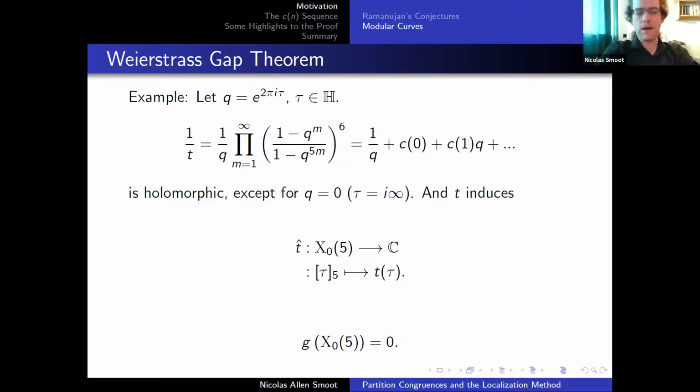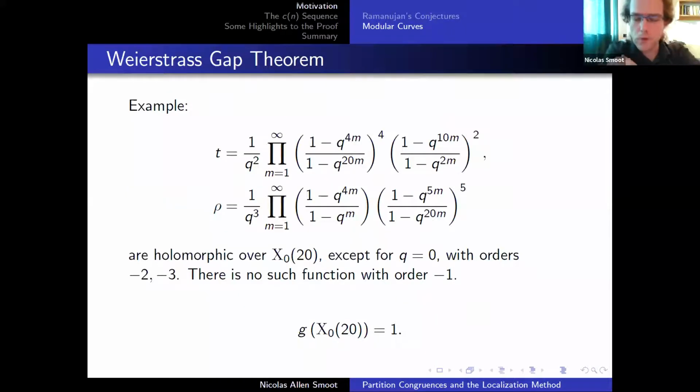And now if you think about it, 1 over t has order negative 1. If I want a function that's holomorphic over all of X0(5) except for the point at infinity that has order 2, well, I'll just square 1 over t. Or I could cube it to get a function with order negative 3. And in fact, I can get any order I want, any negative number. So there are 0 exceptions, and sure enough, the genus is 0. That's a trivial example, but simple enough.